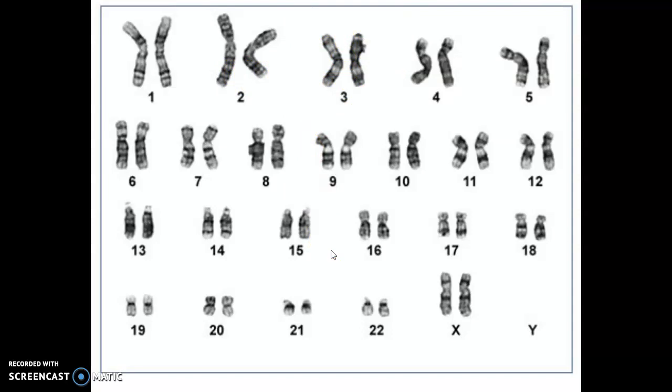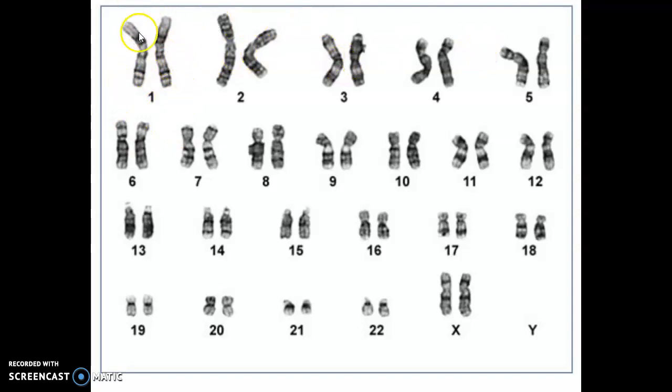And so sometimes if people are having certain health issues, they might do something called karyotyping, where they take a blood sample, isolate the DNA from a single cell, and then microscopically go through and organize all the chromosomes and look at them.